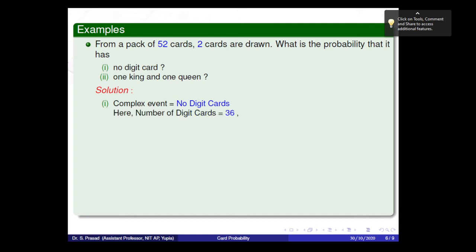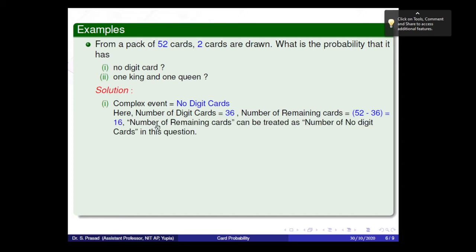Similarly, the number of no digit cards is 36, and the number of remaining cards is 52 minus 36, which is equal to 16. Here the number of remaining cards can be treated as the number of no digit cards in this question.